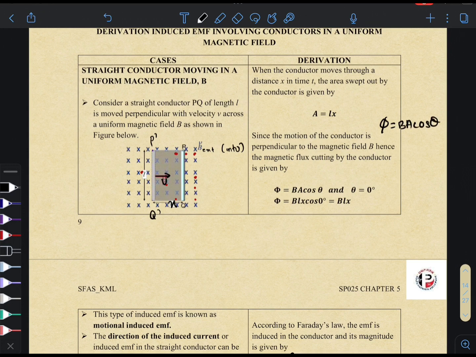Since the magnetic field is perpendicular to the motion here, we get theta as 0. So cos 0 gives you 1, and the flux equals BA times 1. A is equal to L times X. You substitute this area here, so you will end up with the equation BLX. Your flux here becomes BLX. This is our flux.